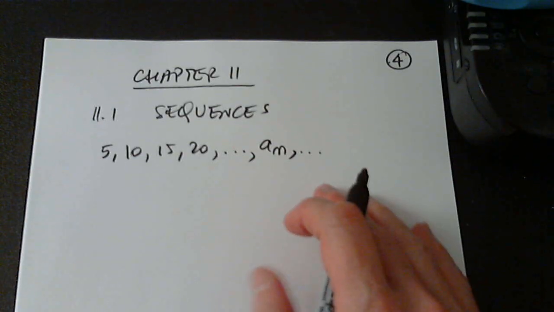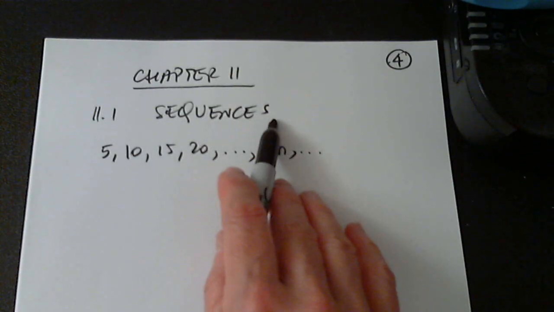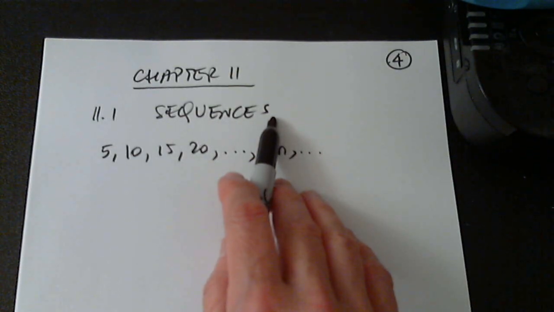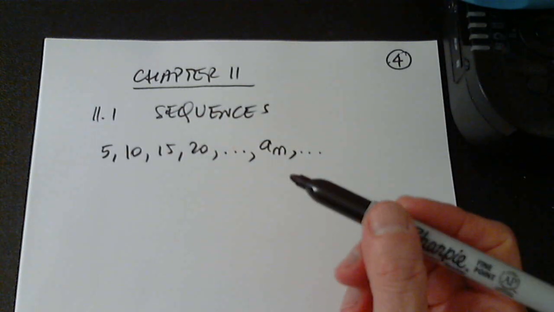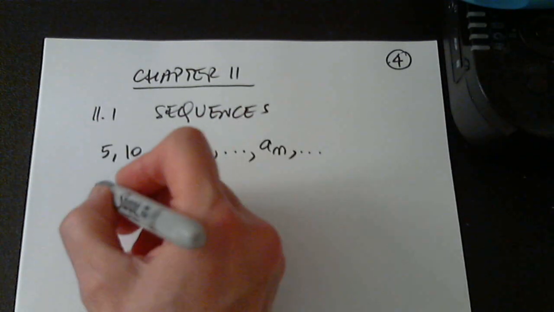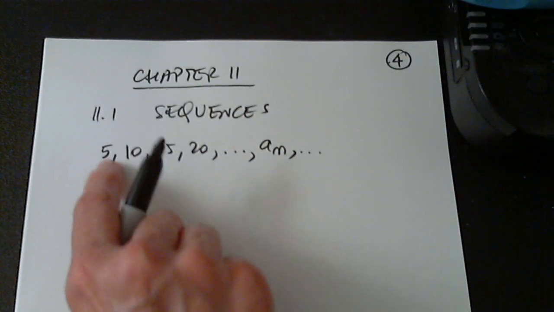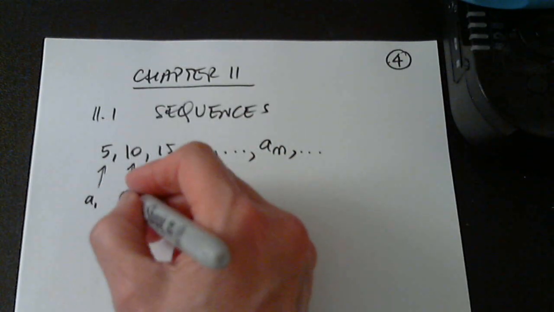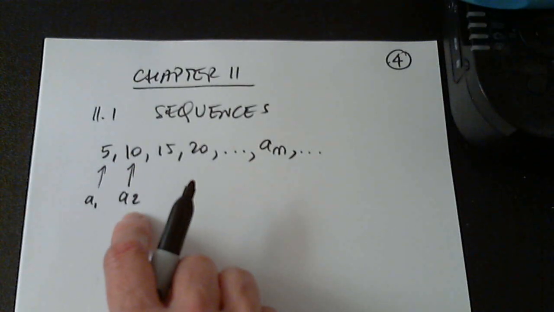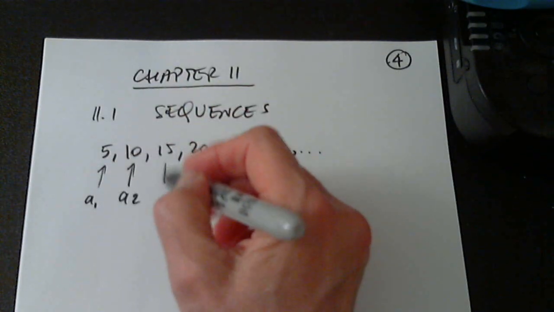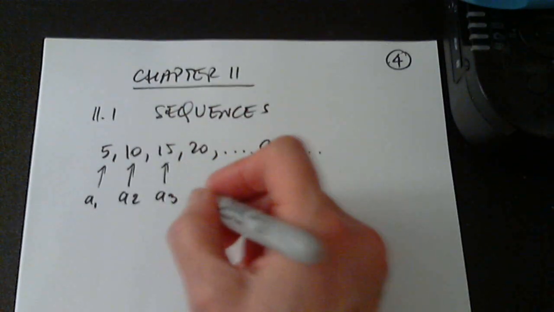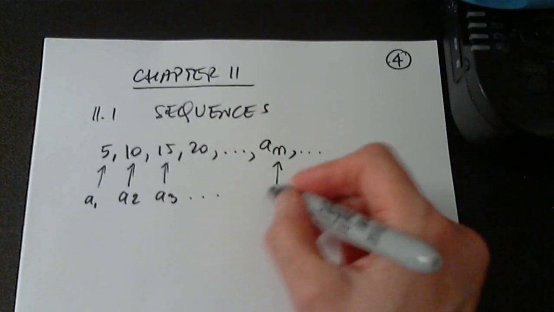What does it mean? This is something called a sequence. It's basically a function that has for a1 is 5. a2, the second term of the sequence, is 10, and so on and so forth. This is the general term.